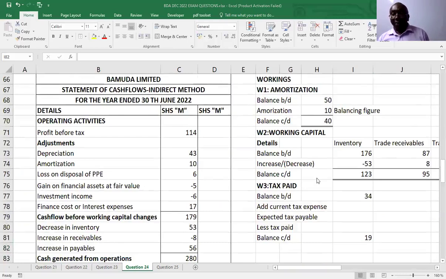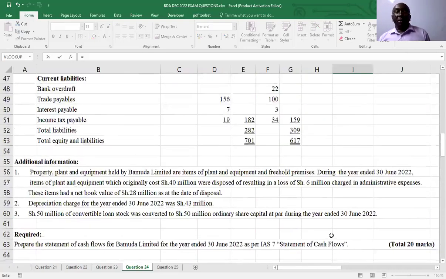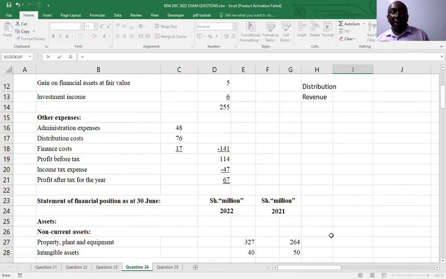So let's now go for the current tax. Sasa hiyo unaenda kuchukua huko kwa income statement. Seme equals, tuende kwa income statement.